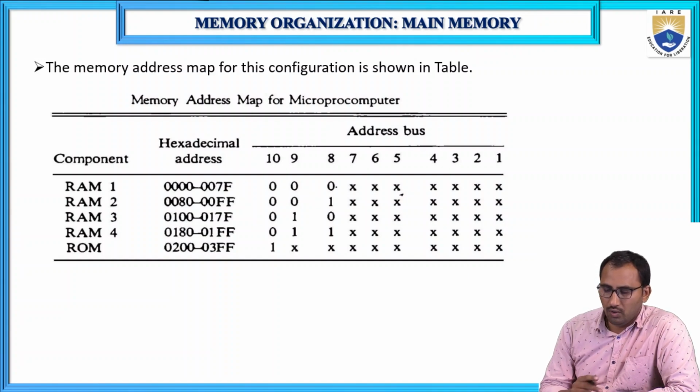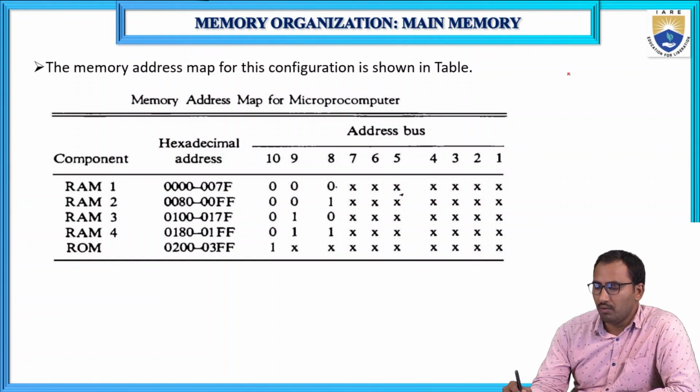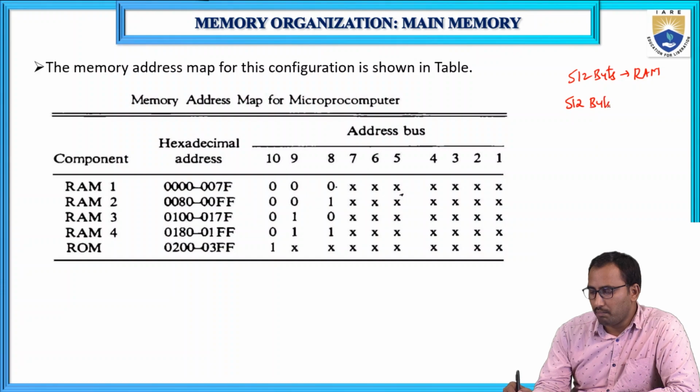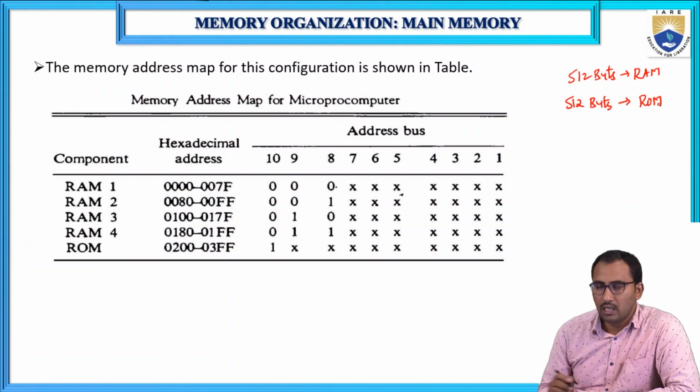So what are we going to form? 512 bytes of RAM and 512 bytes of ROM. But what sizes of RAM and ROM chips are available?